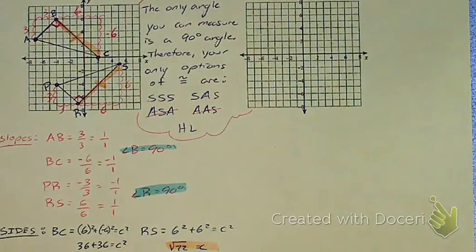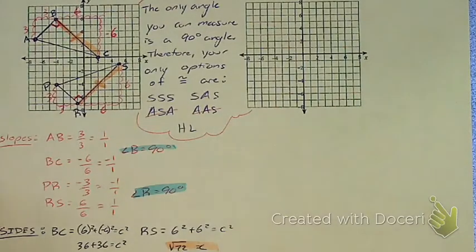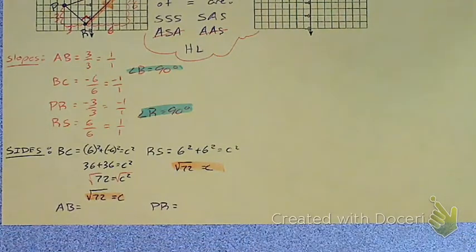We have a side, we have an angle. Which side is missing now? AB and PR. Let's find my math. What two numbers for AB? What are my A and B?